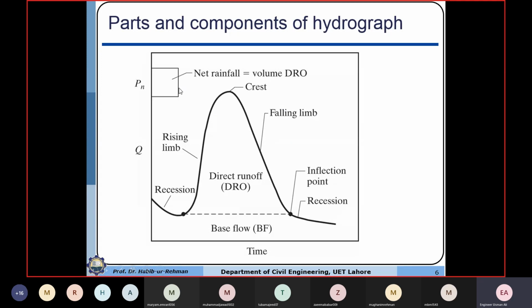This is called the rain hydrograph, showing the rainfall intensity with respect to time. Over here we are assuming the same intensity of rainfall for 6 hours for this case. So when the rainfall started, normally we take it as zero time, just at the start of rainfall. Is it clear?